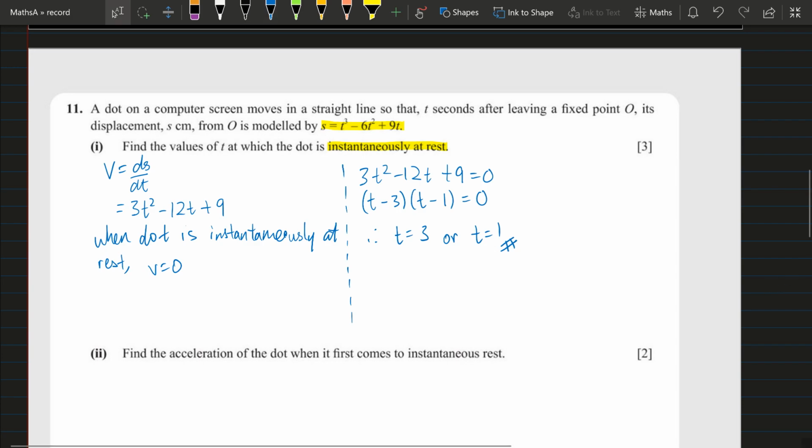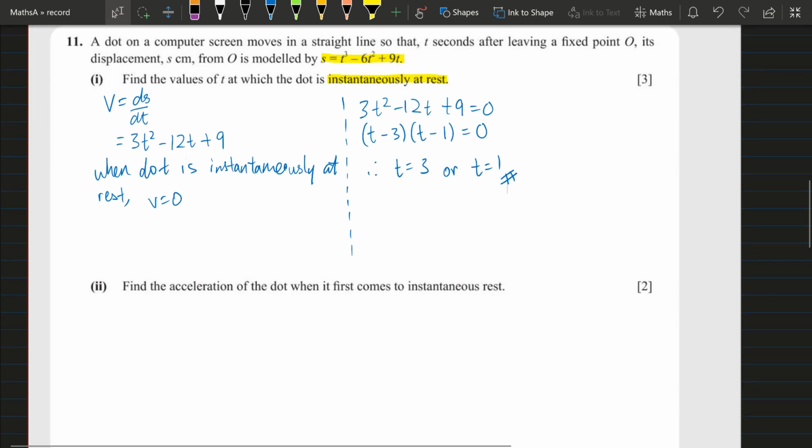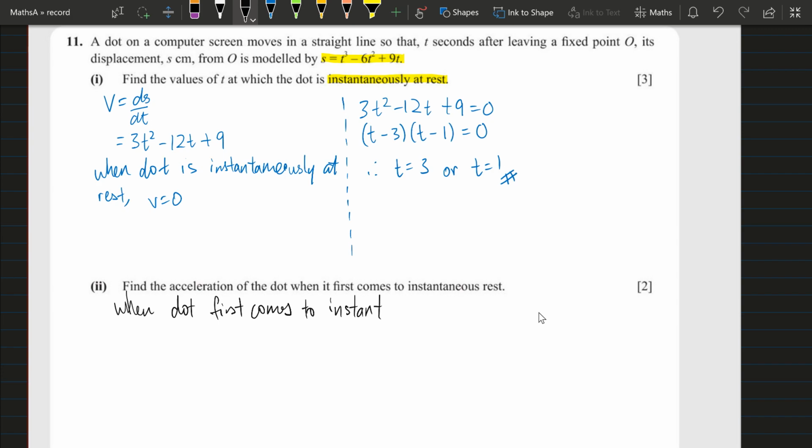Okay, so find the acceleration of the dot when it first comes to instantaneous rest. So it implies that when dot first comes to instantaneous rest, t equals 1, because we've got it from the previous part 1.